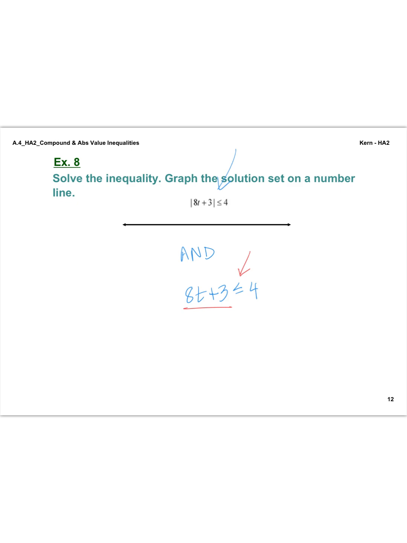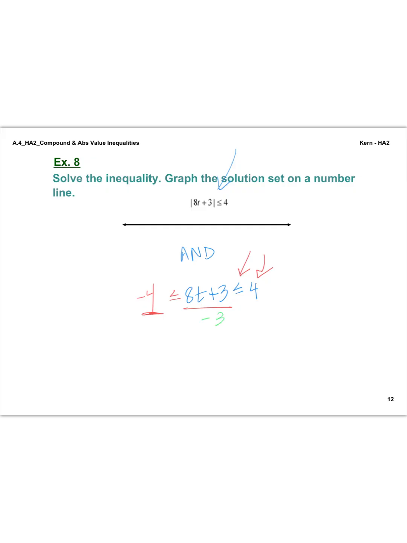So you have a less than or equal to sign. So you literally copy paste. Don't flip the sign. It should always go in the same direction. And then here you put a negative version of this. So now you have an AND problem set up.